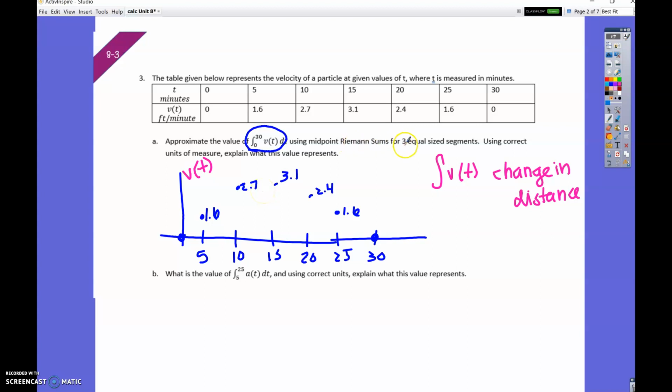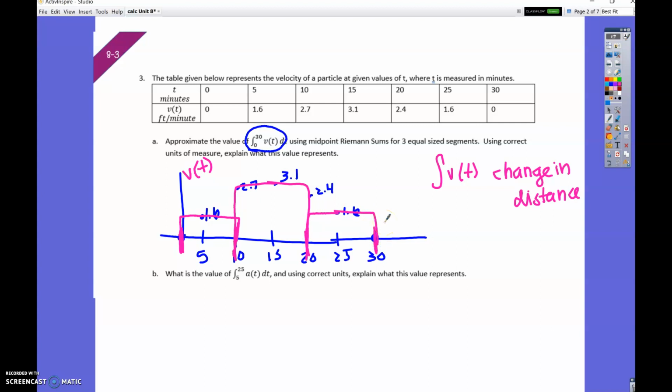They want us to use 3 equal size segments going from 0 to 30. So here's where I'll start at 0. And to get to 30, it would make my 3 increments if I cut it at 10 and 20. So for the midpoint, halfway between 0 and 10 is 5, and the value there is 1.6. There's my rectangle. 15 is halfway between here. And 25 is halfway between that last increment.